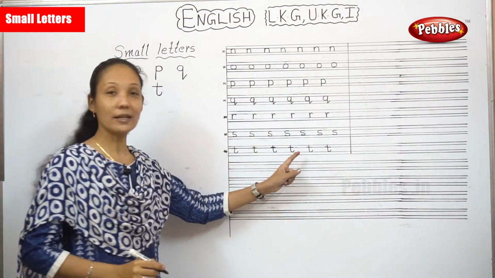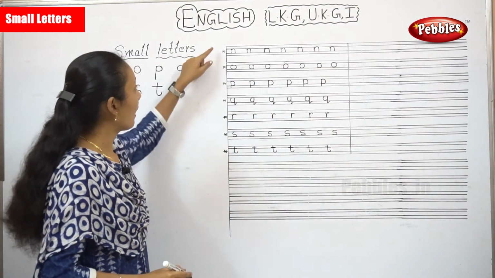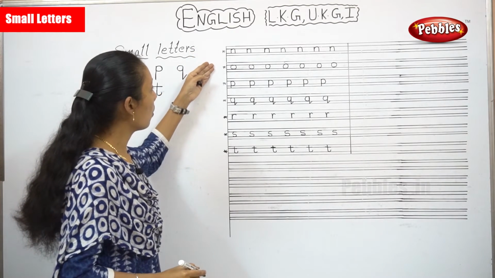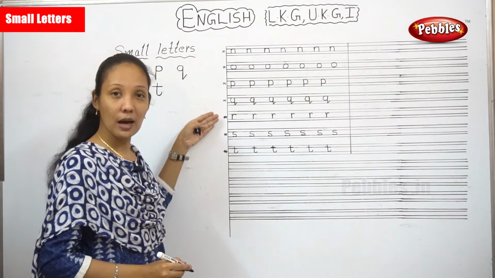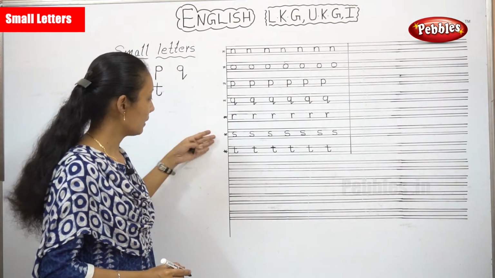This is your small letter T. Now you have N, O, P, Q, R, S, T.